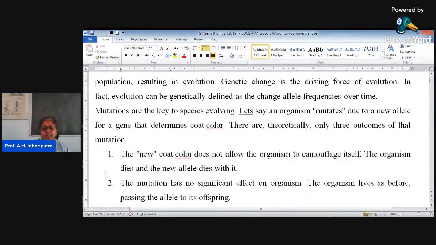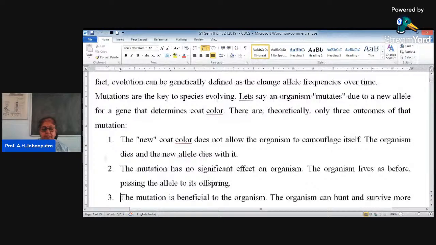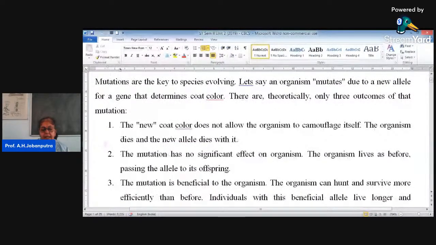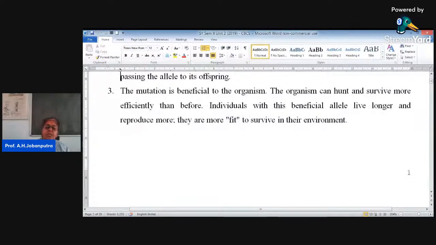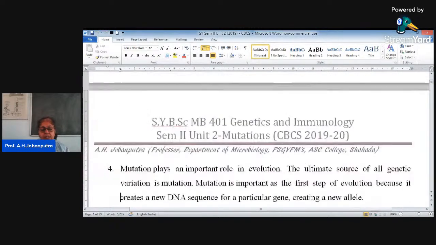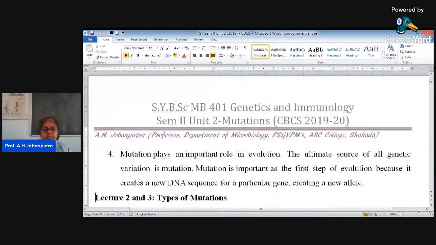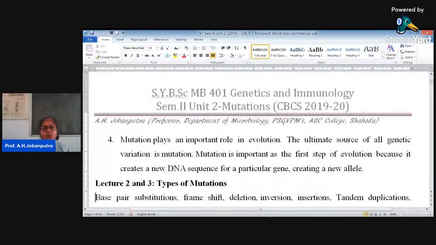So, these characters which are present on the alleles, they determine the phenotypic characters, and once there is change in those alleles, then these changes will be carried from one generation to another generation, and the offsprings will also carry that defect or mutation. So mutation is very important in evolution.